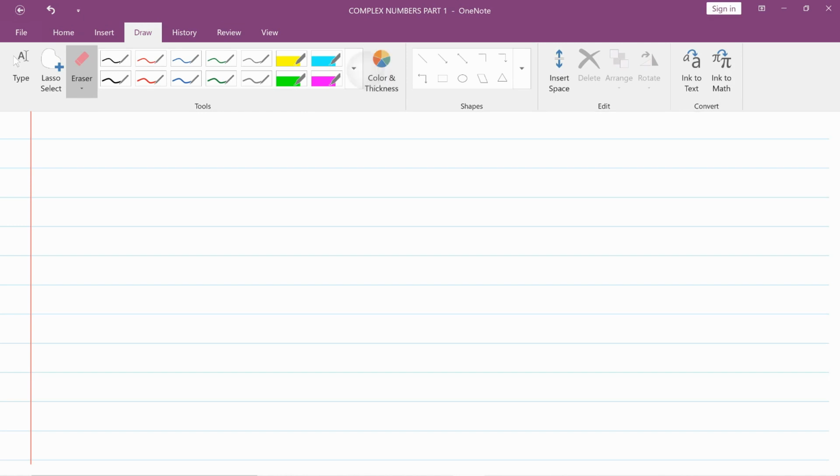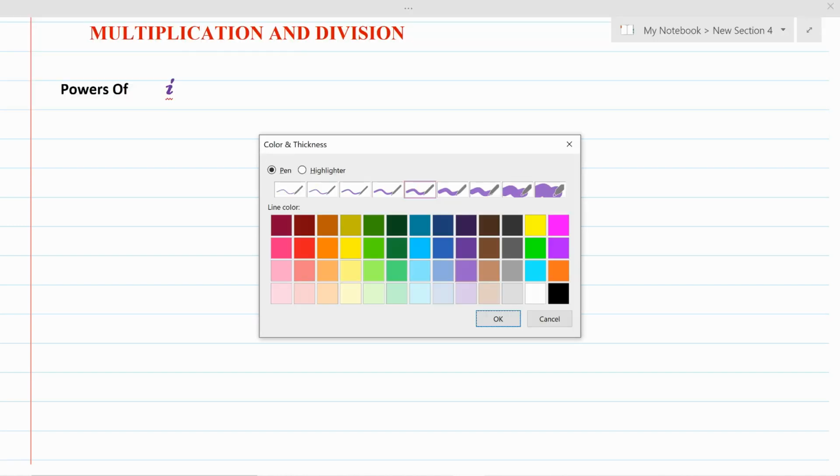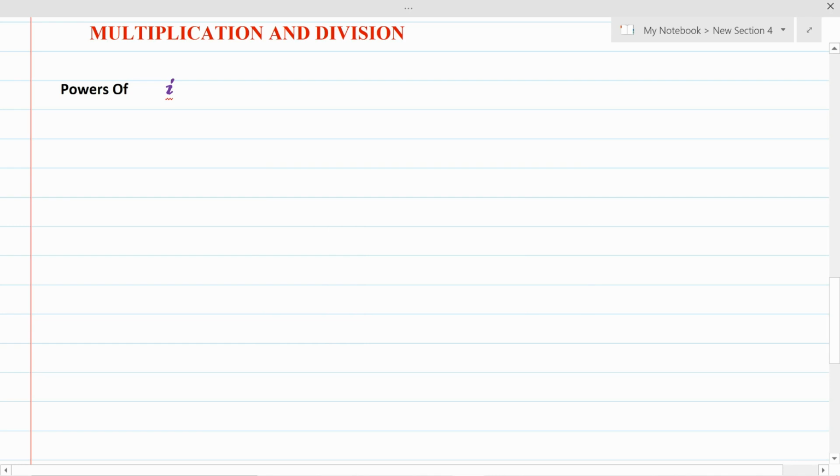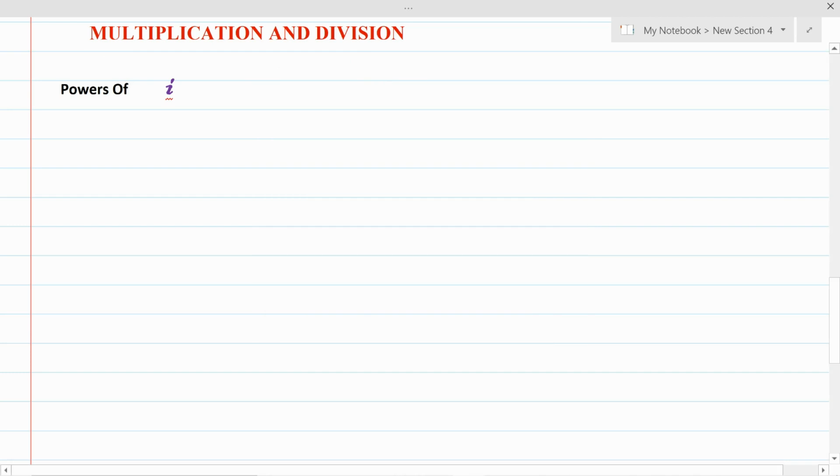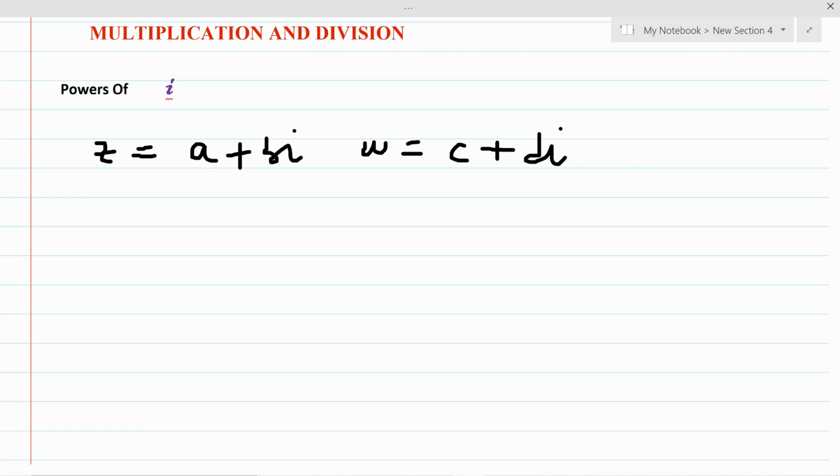If I want to divide two complex numbers, let's say I have a complex number z equals a plus bi and w equals c plus di, and I want to find the division, that is either z divided by w or w divided by z.